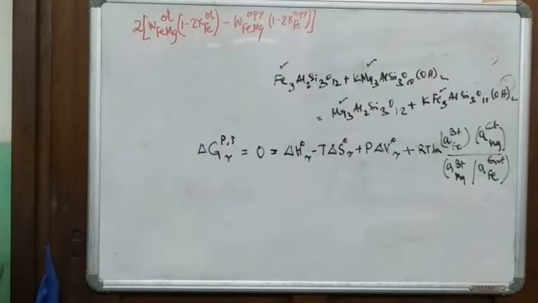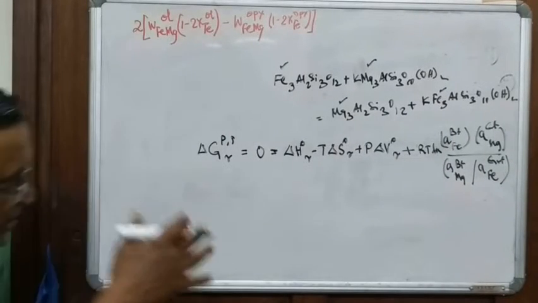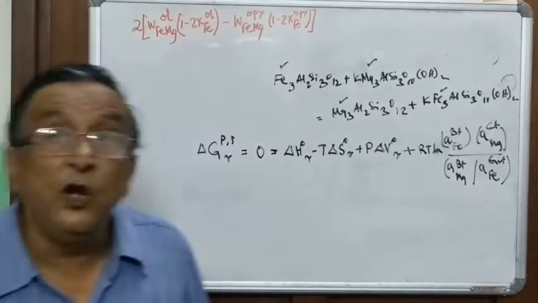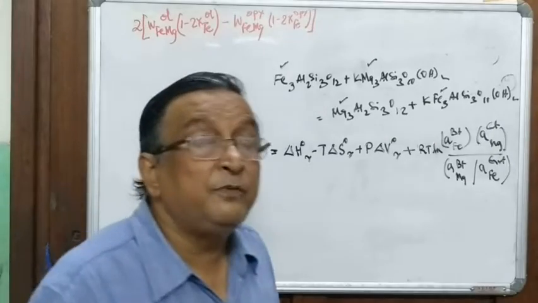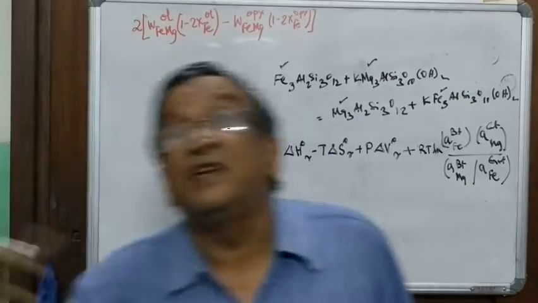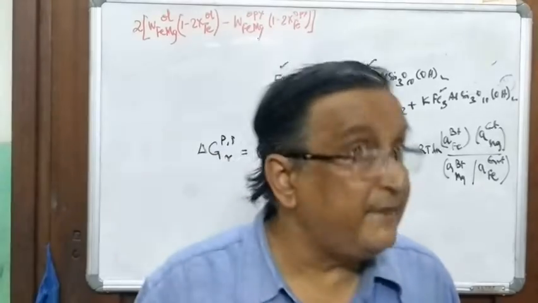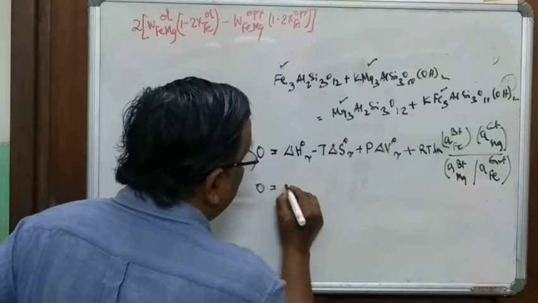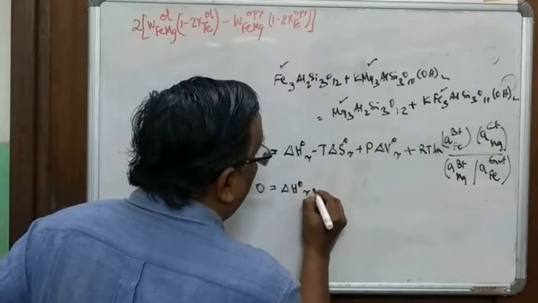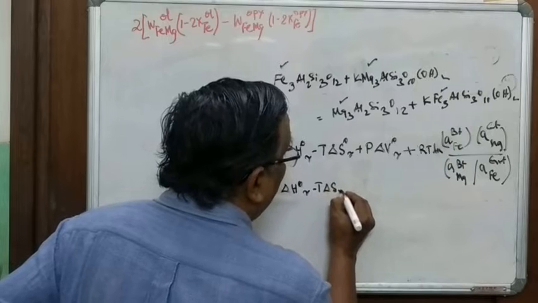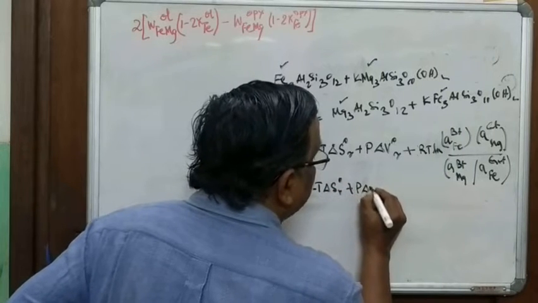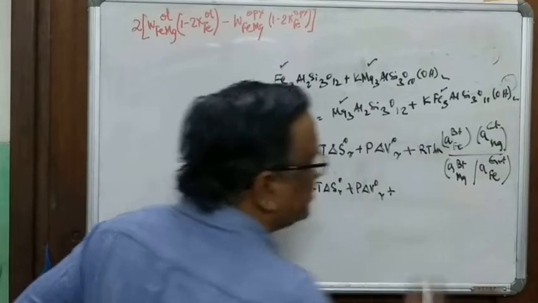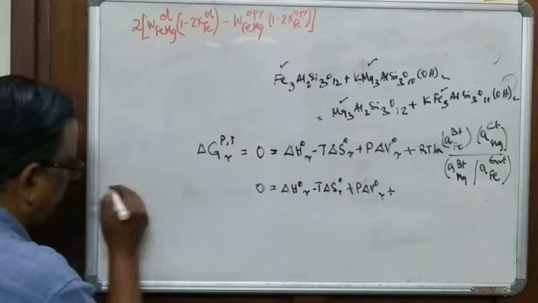This is the equation of state. If you take an ideal mixing solution, ideal exchange, there will be no gamma terms. The gamma terms are 1 because the W0 values, the interaction parameters, are 0. So essentially this expression boils down to 0 equals delta H0R minus T delta S0R plus P delta V0R plus, you see, what is the activity of biotite in this expression?